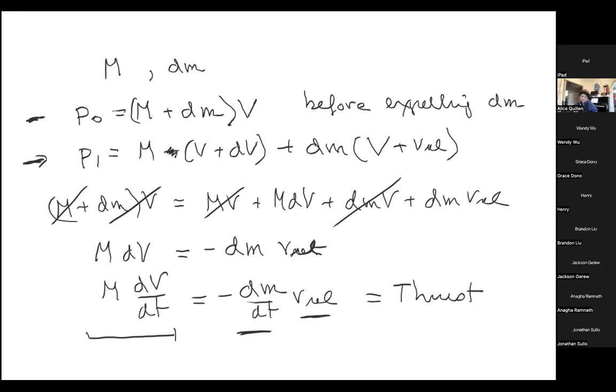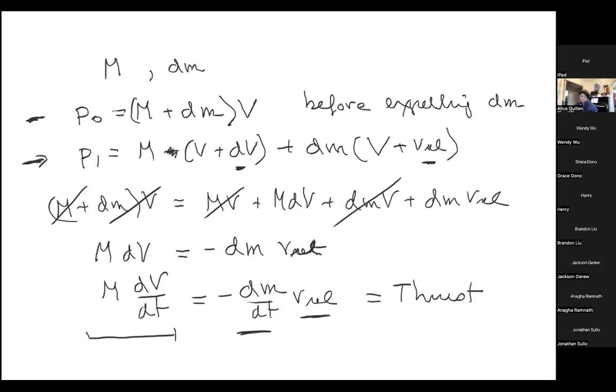After expelling, the velocity of the rocket is changed by dV, this big V, and the little bit of propellant has a velocity v plus v rel. v rel, remember, is the velocity with respect to the rocket.